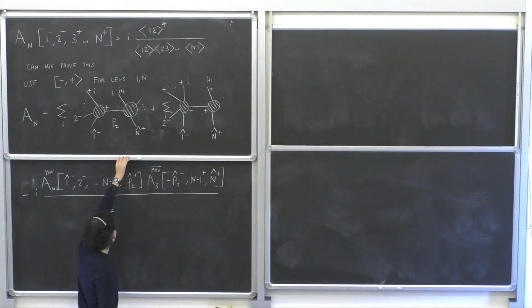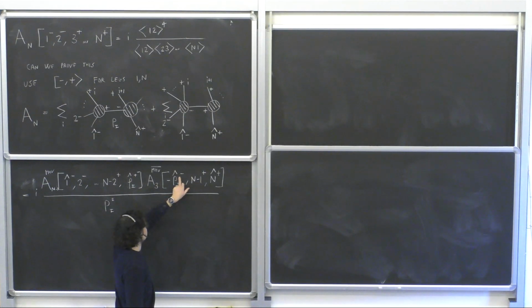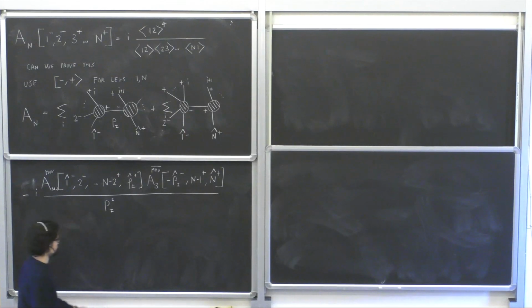This is the only exception to the rule that when you have one negative helicity and all the rest positive helicity, the amplitude should be equal to 0. Okay, and thankfully we already know the forms of these amplitudes, so this can be done as follows. And of course, this being a recursive proof, I will assume the expression for the lower point n-1 amplitude.